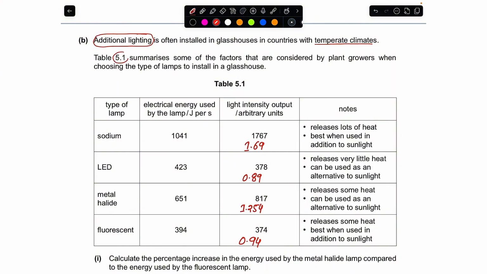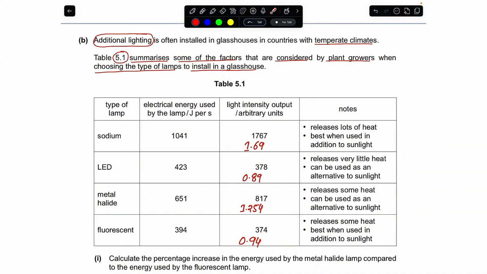They have given you table 5.1 where they have summarized some of the factors that are considered by plant growers when choosing the type of lamps to install in the glass houses. There are many types of lamps available in the market. Now, which type of lamp would they install in their glass houses?